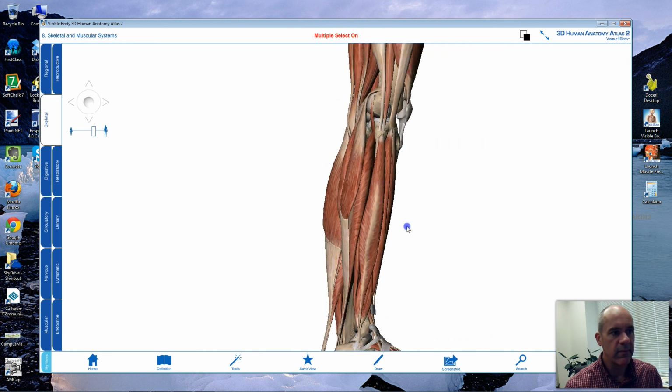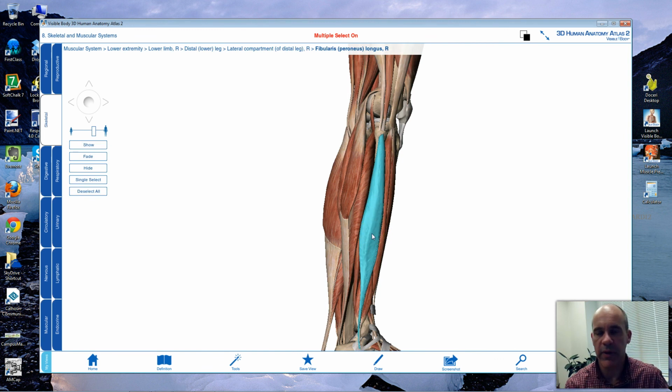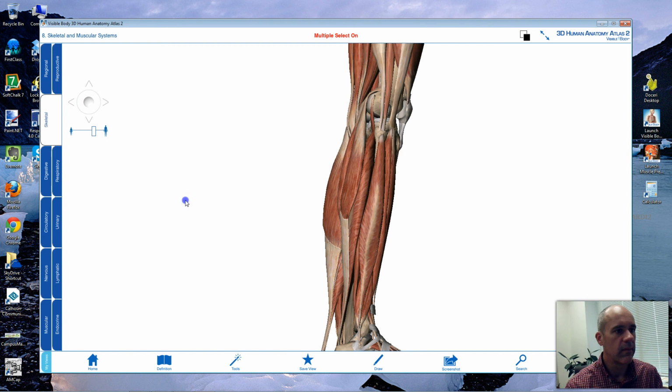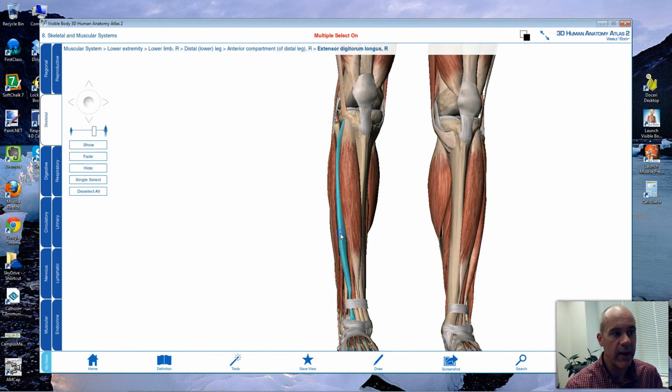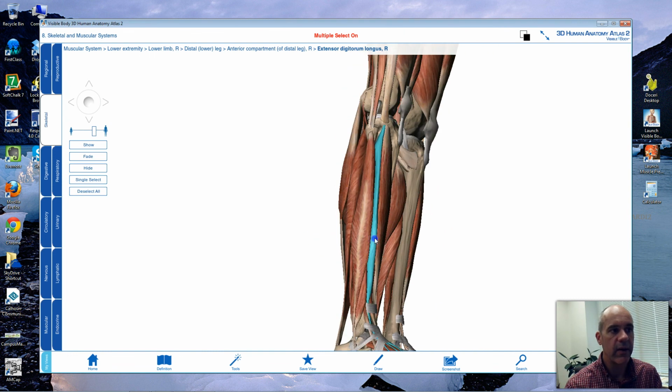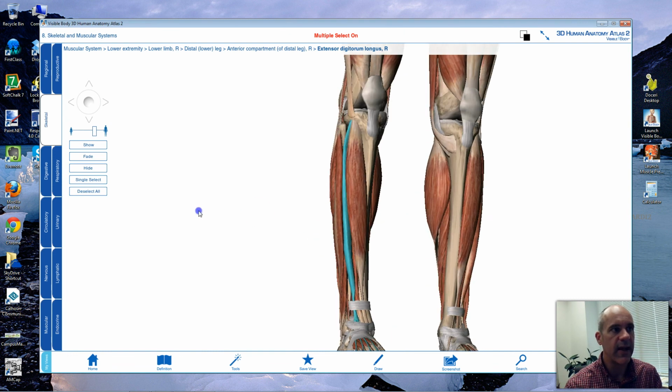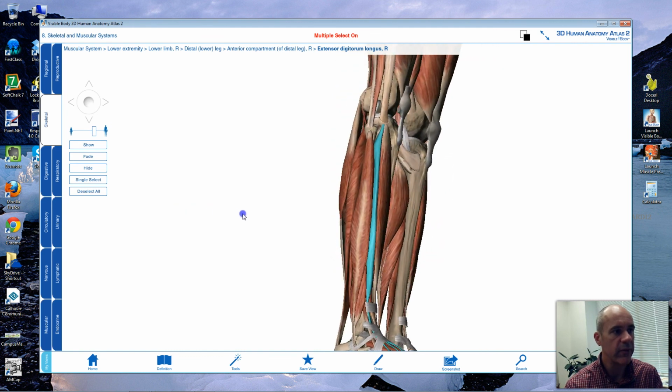Rotate around right down the middle of the lateral side of the lower leg. There's your fibularis longus or peroneus longus. Okay, and then the muscle that's in between, you'll see that exposed in between the tibialis anterior and the fibularis longus. That is an extensor digitorum muscle, so that's involved in extending the toes.